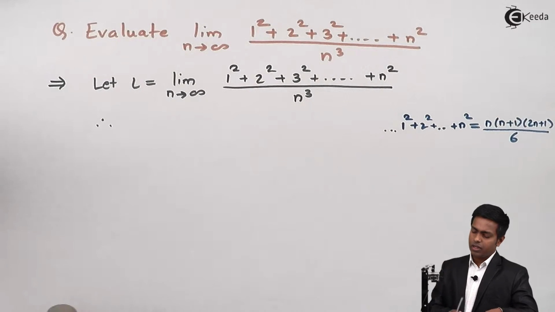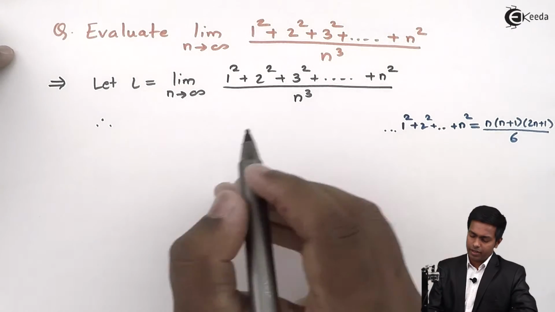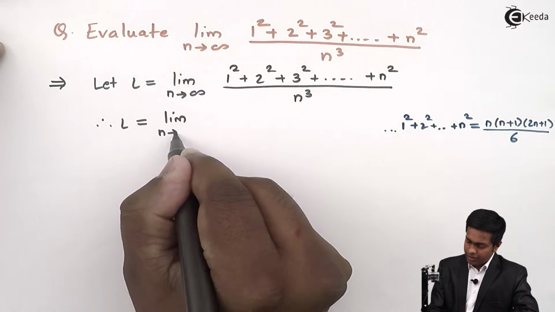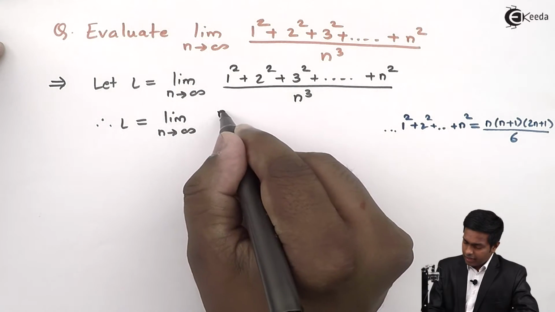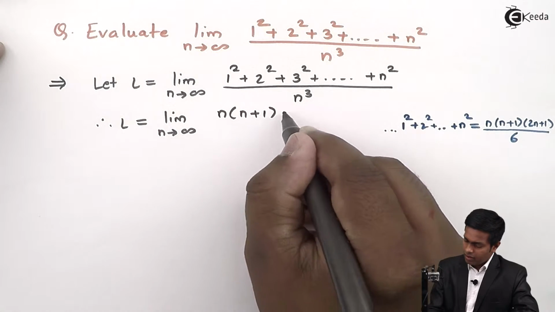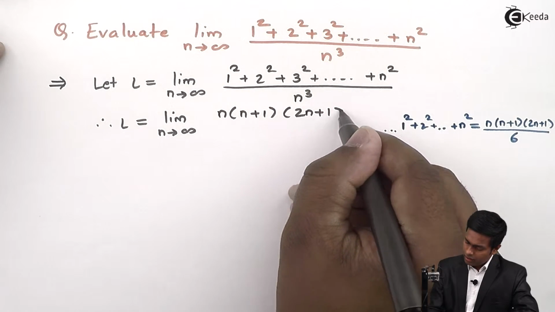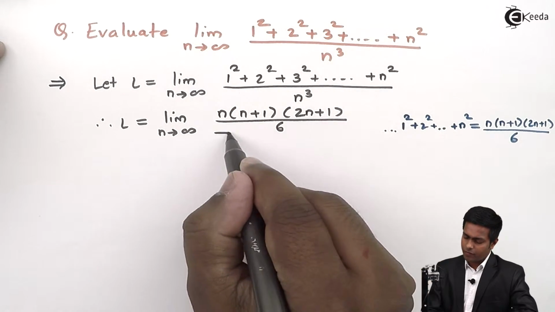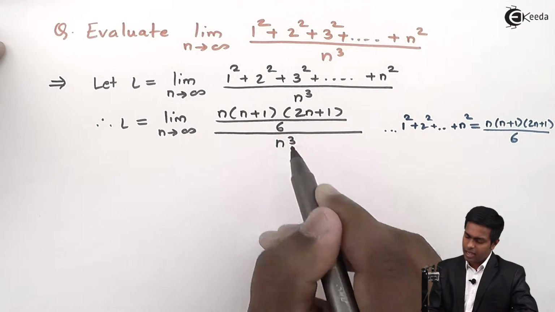So I'll substitute this formula in the numerator. So we'll get L as limit n tends to infinity of n into n plus 1 into 2n plus 1 upon 6, and in the denominator we have n cube, so it is as it is.